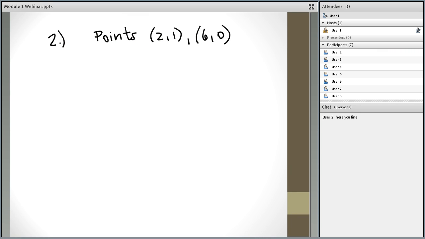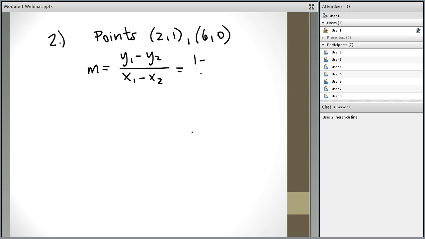So again, we're going to use this to find the slope. And the slope is the change in y over the change in x. And I just want to show you again, it doesn't matter which order you do this in. So for example, if I did this as y1 minus y2, that's okay as long as I do it divided by x1 minus x2. In the last one, we did y2 minus y1. It does not matter as long as everything lines up.